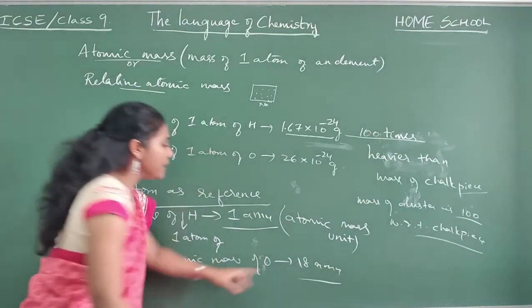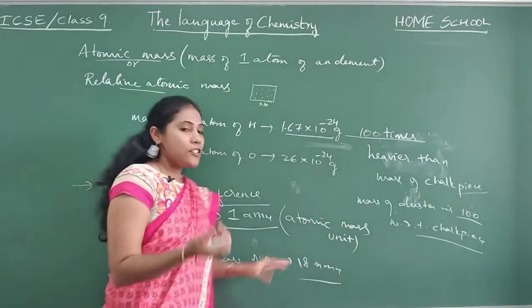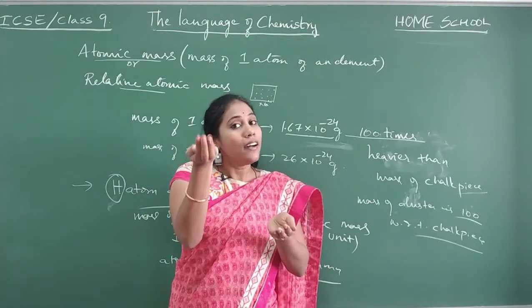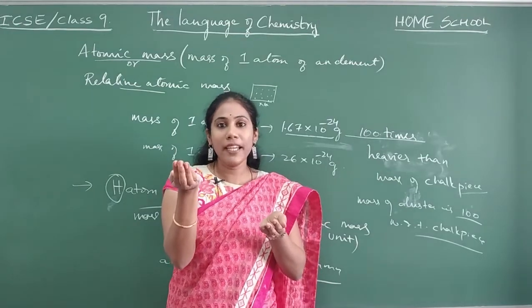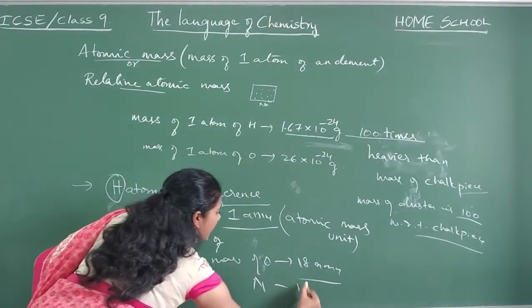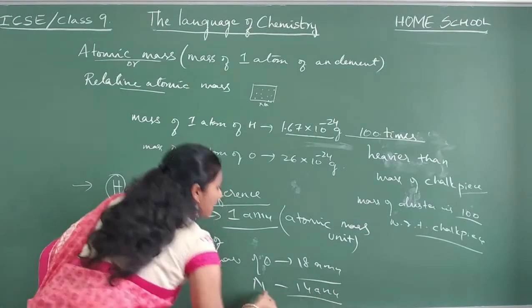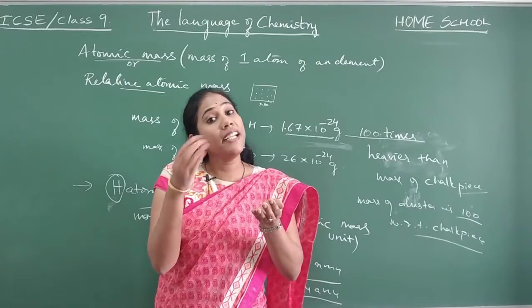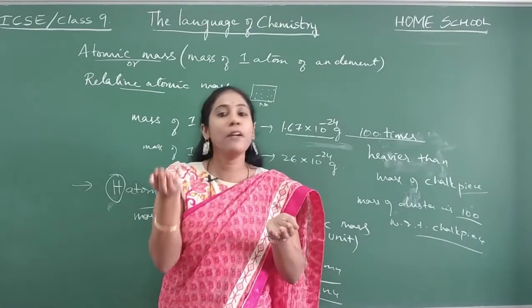What do you mean by this 18 AMU, guys? This oxygen atom is 18 times heavier than the hydrogen atom. And we say the atomic mass of nitrogen is 14 AMU. What do you mean by this 14 AMU? A nitrogen atom is 14 times heavier than the atom of hydrogen.